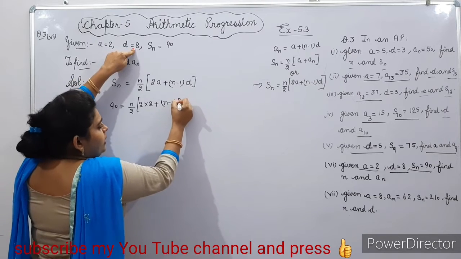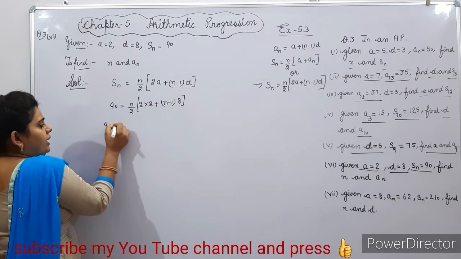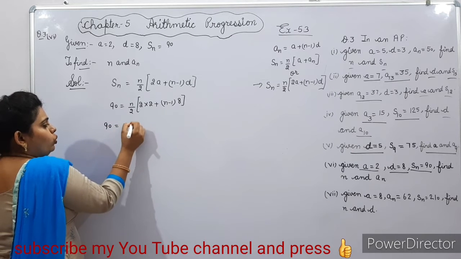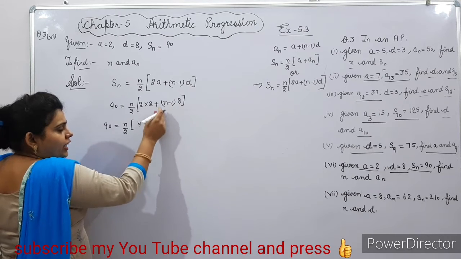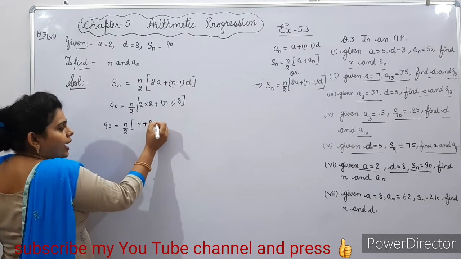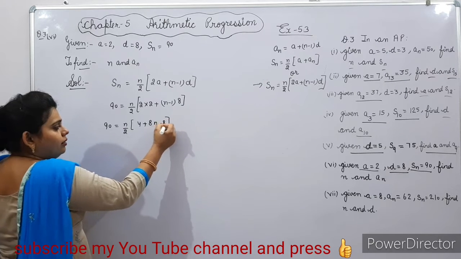What is the value of d? 8. So from here, 90 is equal to n by 2 into 2 twos are 4 plus 8n minus 8 into 1, 8.